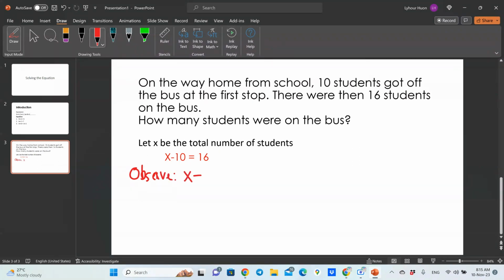x equal 1, so we just put a random number. If x equal 1, then 1 minus 10, is it equal to 16? No. 1 minus 10 would be negative 9, right? So when x equals 2, 2 subtracted by 10 equals negative 8.